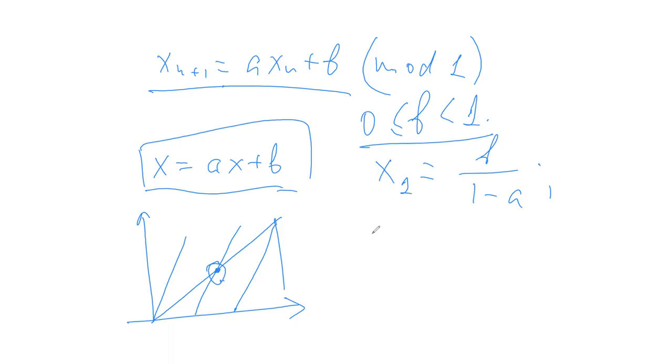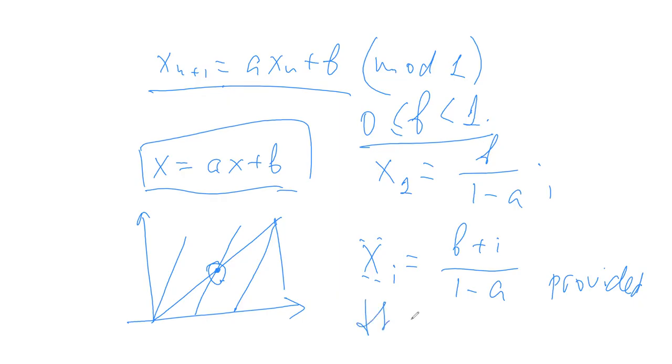So what I suggested in the lecture notes was to consider all fixed points, there could be many of them, and the i-th fixed point is b plus I over 1 minus a, provided that xi is in this range.